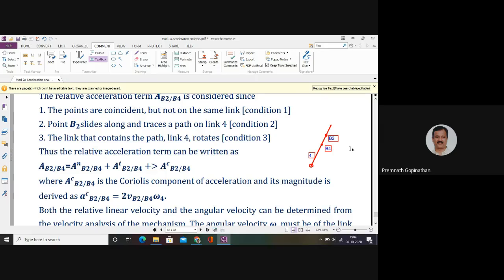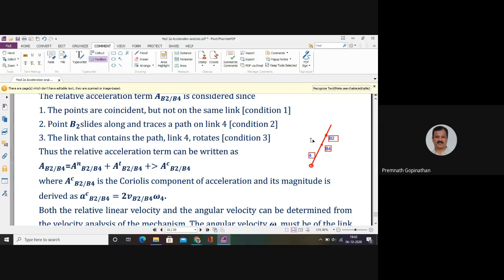Okay. Now, this is how it happens. Initially B2 and B4 were at the same point. So in the normal way, once you draw the acceleration analysis, B2 and B4 will have a centripetal component which is directed to the center of rotation, and another one, a tangential component which is perpendicular to the link, right?